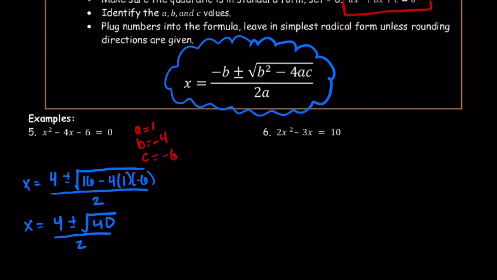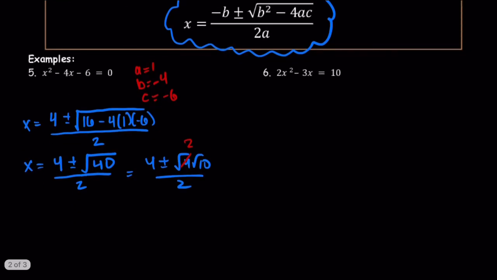Now we need to simplify. Square root 40. We can break that up to square root 4, square root 10. All of this is still over 2. And the square root of 4 is simply 2. So now what I have is this expression, x equals 4 plus or minus 2 radical 10 all over 2.